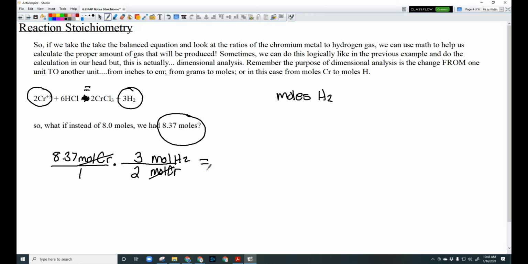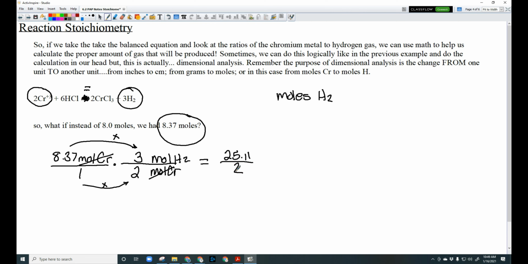If we do this math now, remember it's this times this, divided by this times this. So it's 8.37 times 3. Let me turn on my calculator here. 8.37 times 3 is equal to 25.11, divided by 2 times 1, which is 2.